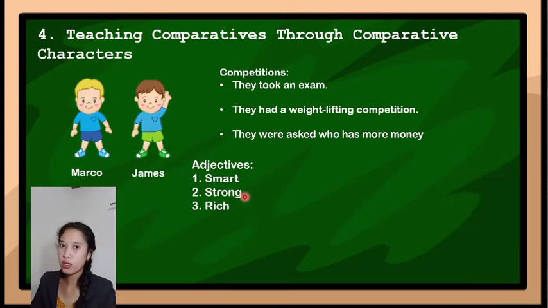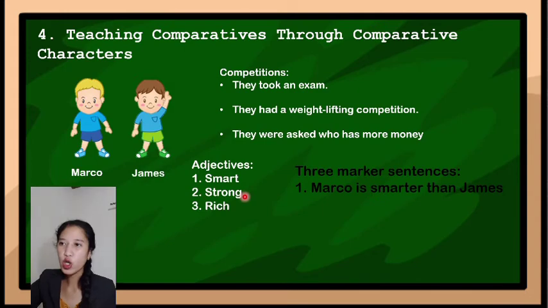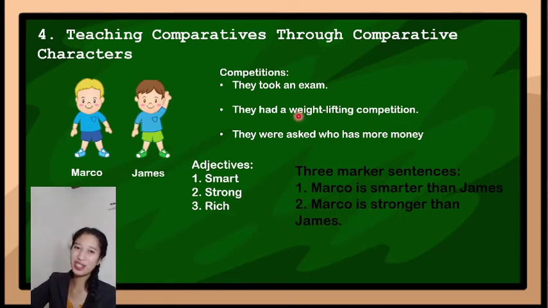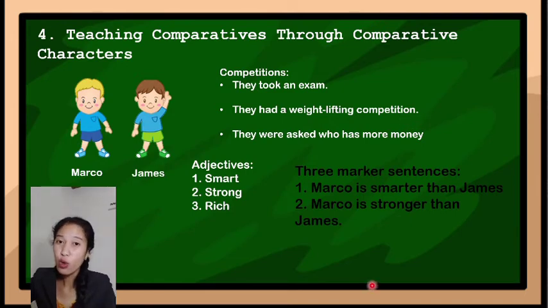Let's see who won in these three competitions. Here are the three marker sentences. Marco is smarter than James. So Marco wins in the first competition, which is the exam. The second one: again, Marco is stronger than James. He won in the weightlifting competition because he is stronger.